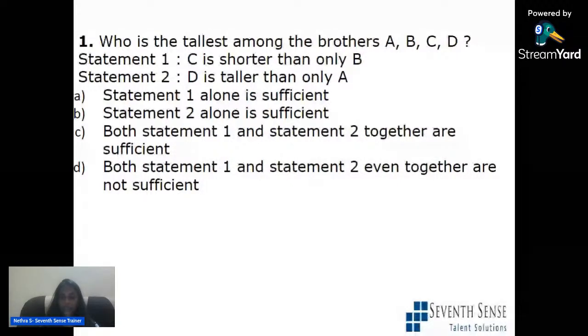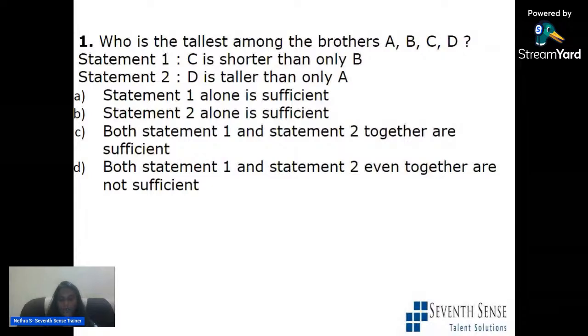Okay, majority answers are D. Okay, good try. So we'll see the correct answer with a proper explanation.